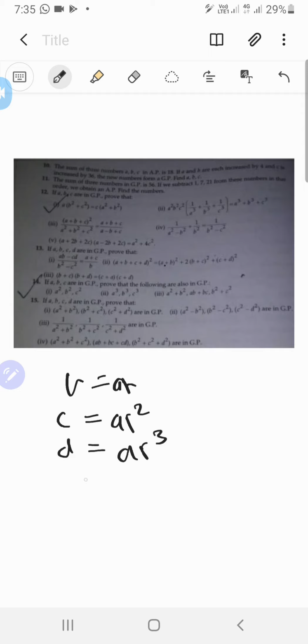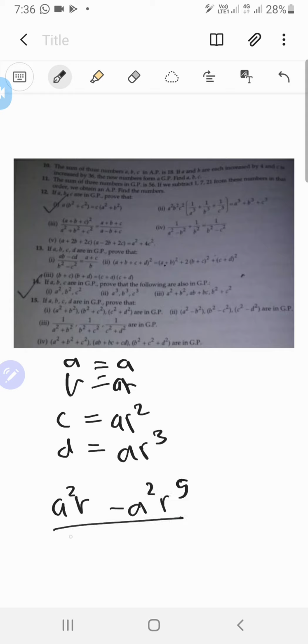So A times B will be A squared R, minus C times D, that's A squared R to the 5th, upon B squared, which is A squared R squared, minus C squared, which is A squared R to the 4th.